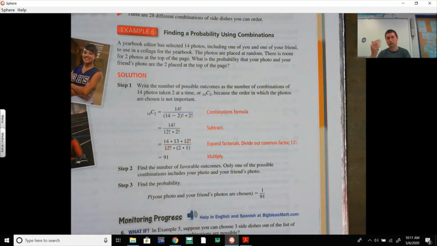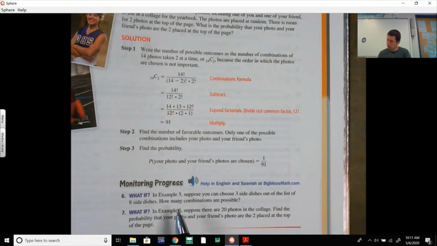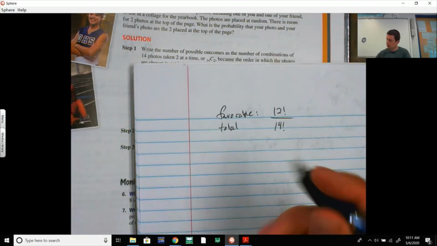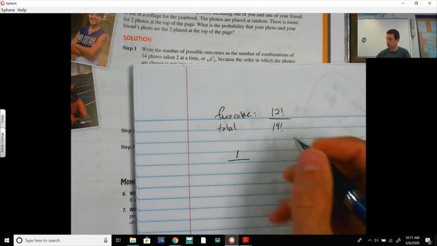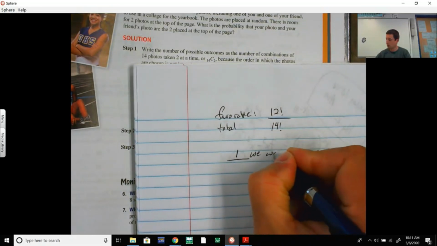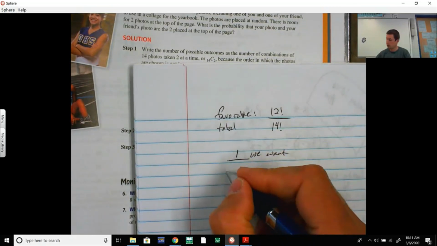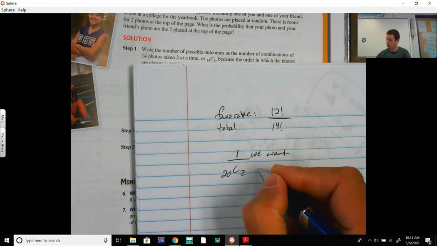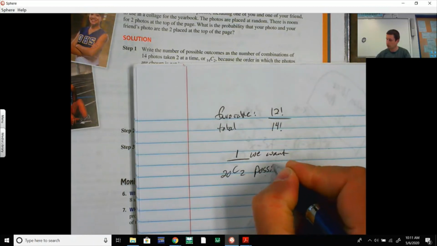Because it doesn't matter whether you're first or your friend is first. So their example: suppose there are 20 photos in the collage. Find the probability that your photo and your friend's photo are the 2 placed at the top. We just take 1 over 20 choose 2. There's 1 combination that we want, and there's 20 choose 2 possible.